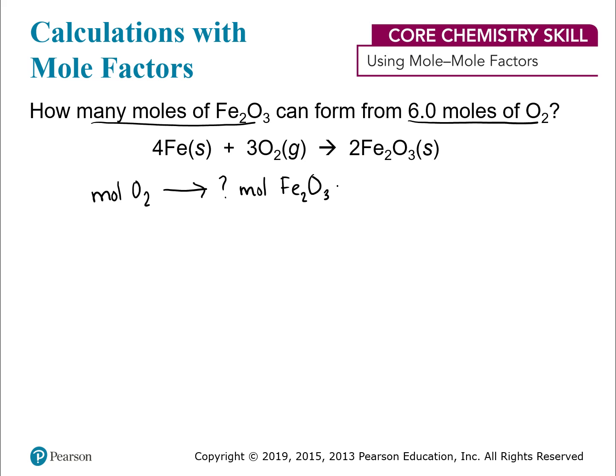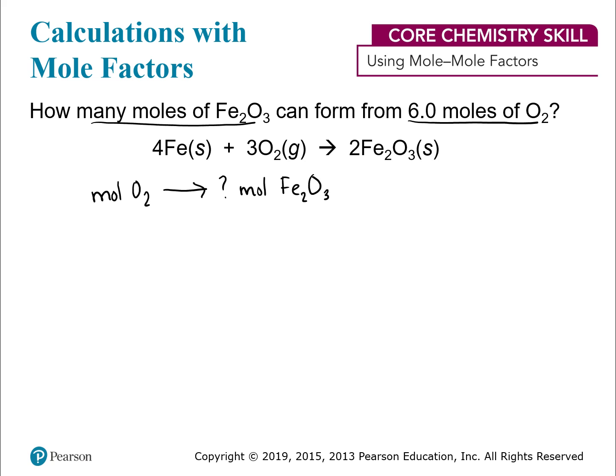Looks like iron 3 oxide. It's very important to keep track of the units. You can't just write moles to moles because it doesn't tell you moles of what to moles of what. We're starting with moles of oxygen gas and trying to figure out how much of the product we can make.